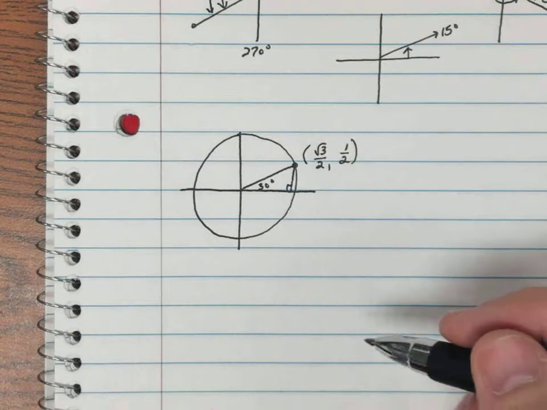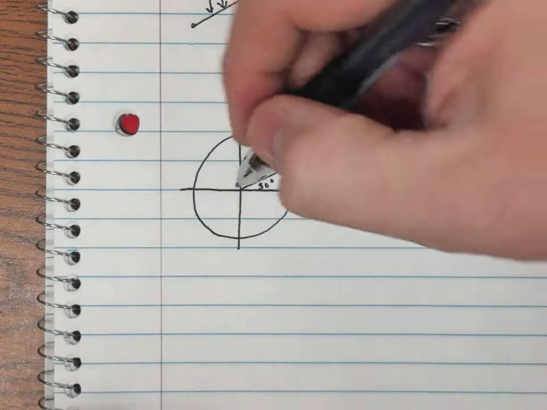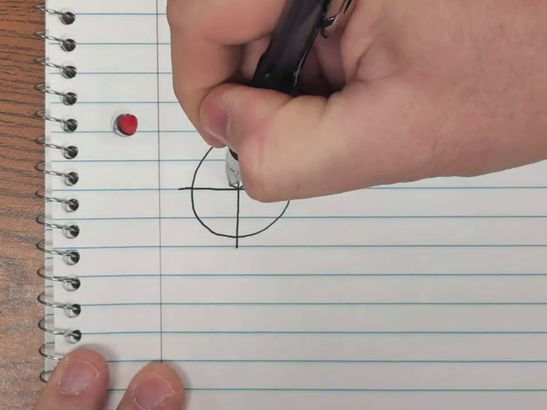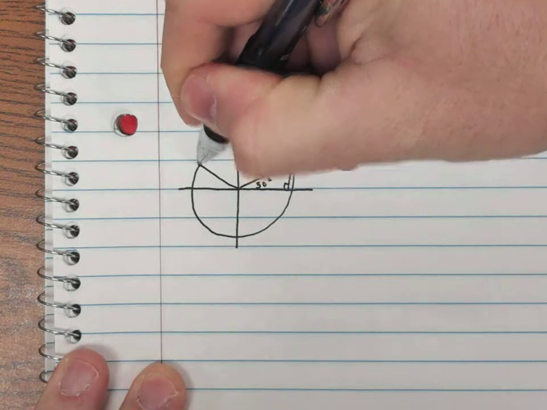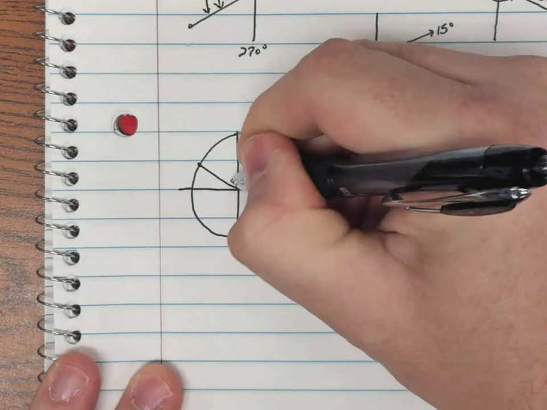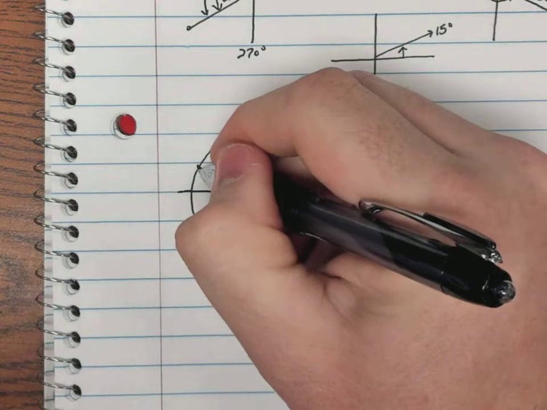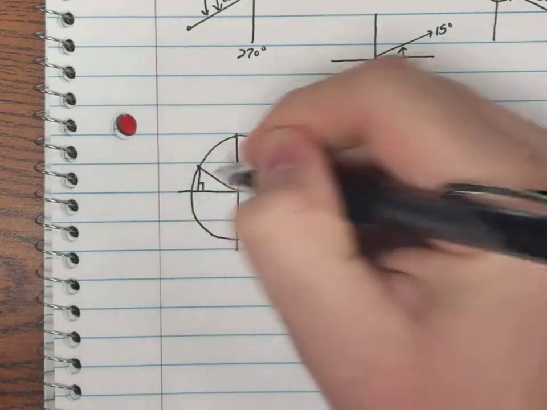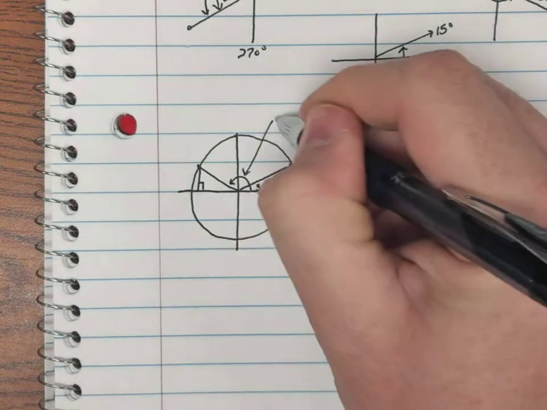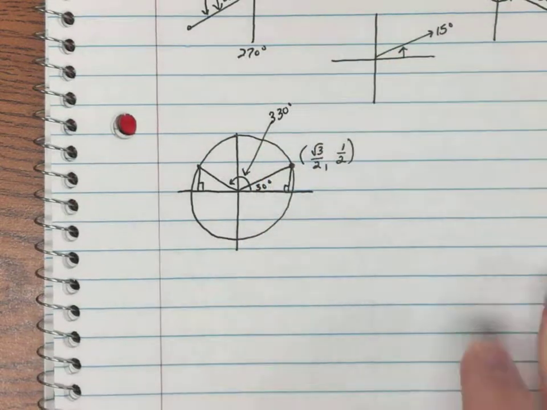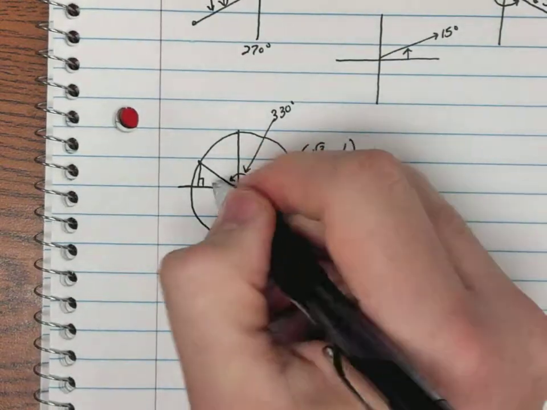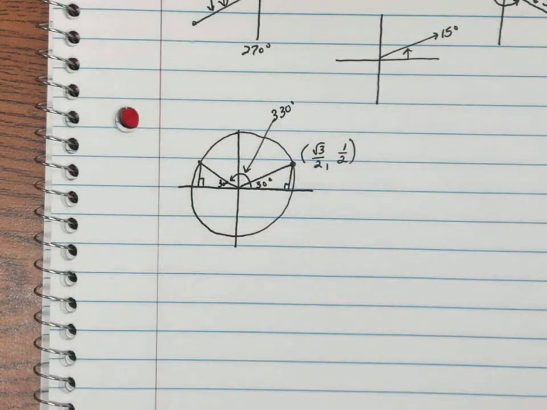Well, you also have 3 other angles. There's one here at 330. And let me explain the relationship between that 30 degrees and that 330 degrees. 330 degrees has a reference angle of 30 degrees.